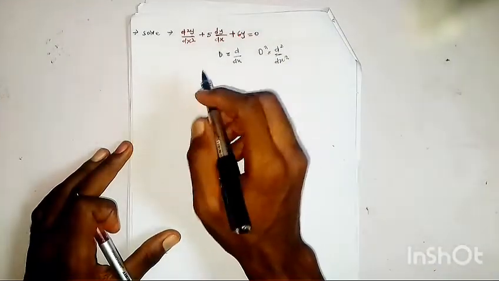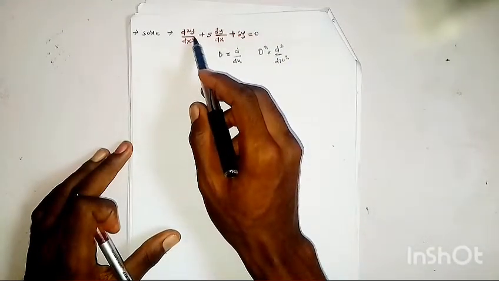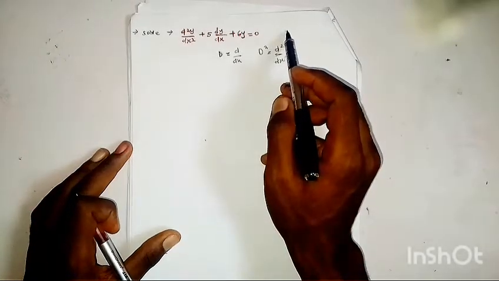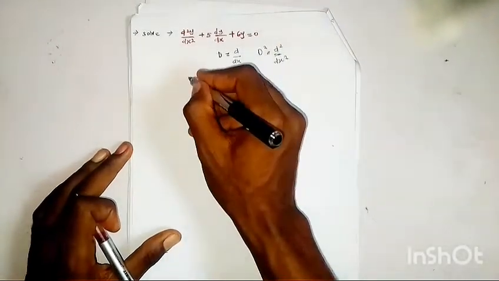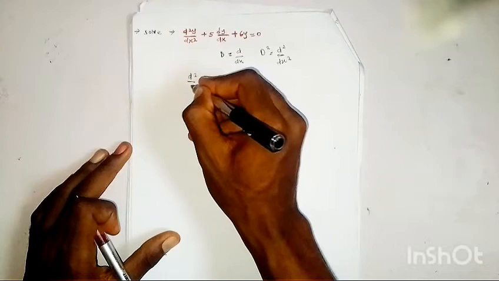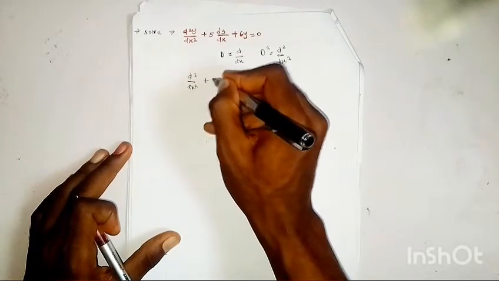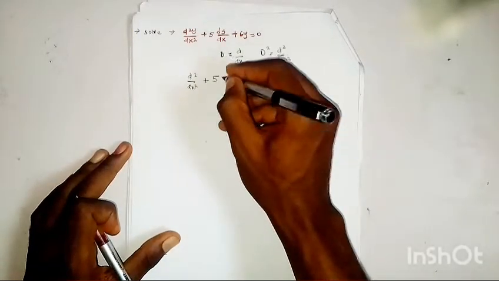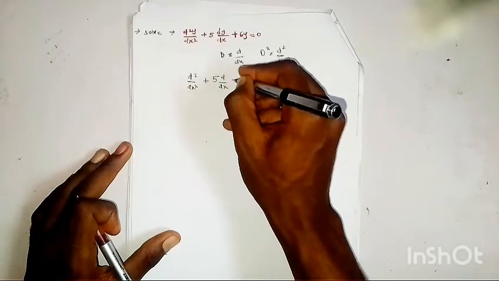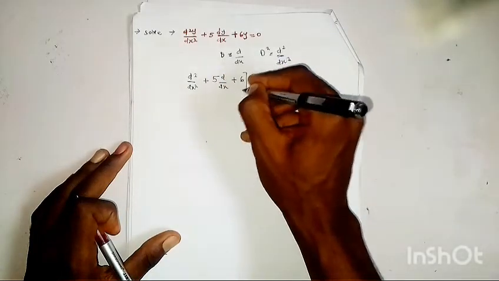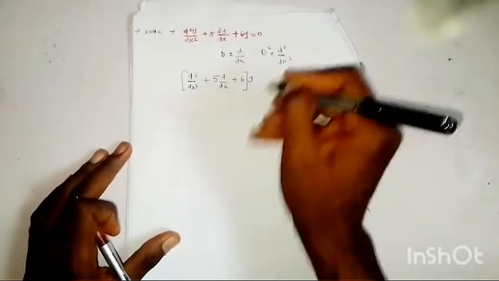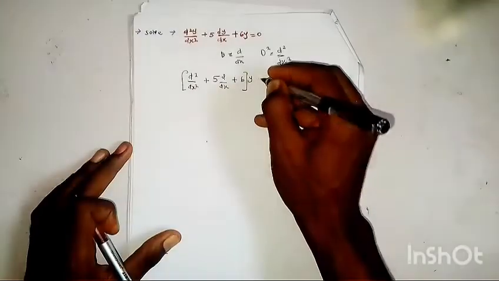Very simple. So basically, what I need to do is to factor out my dependent variable, which is y, right? So I have d square over dx square plus 5 d over dx plus 6, open bracket, y, equals 0.